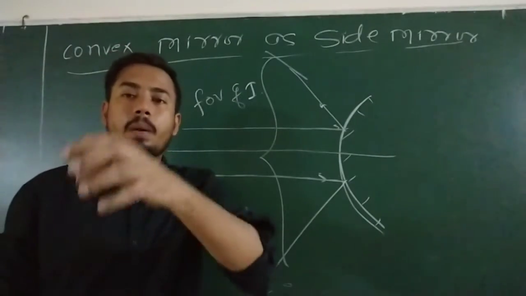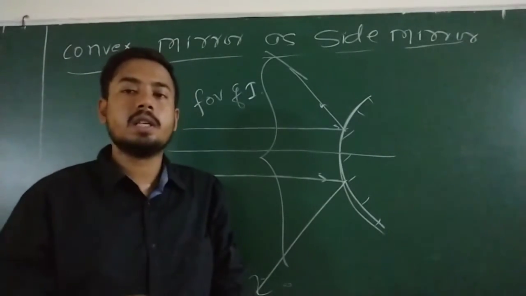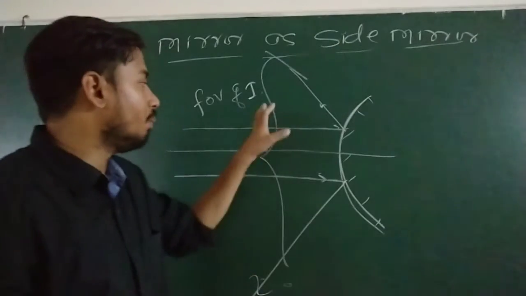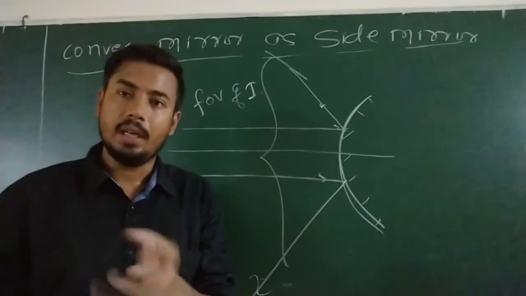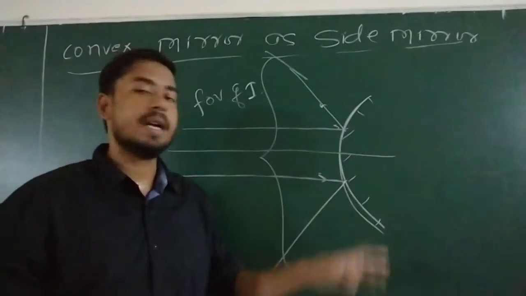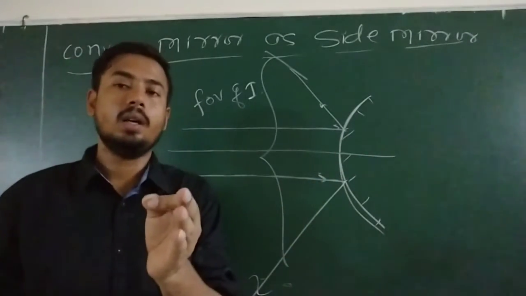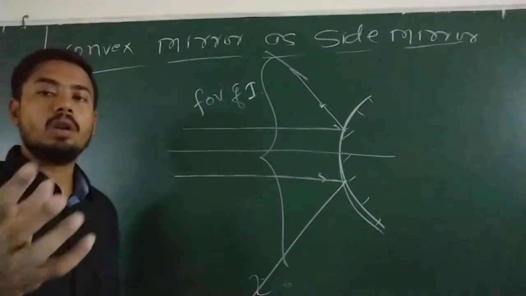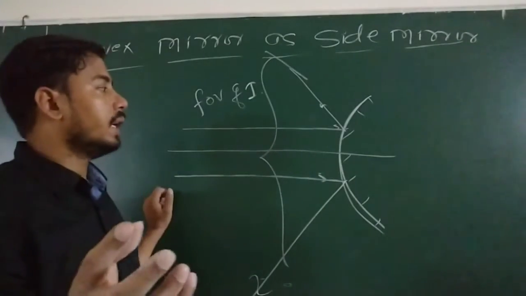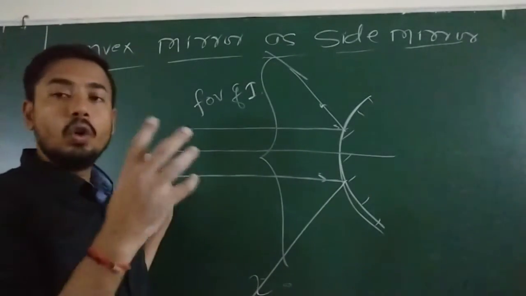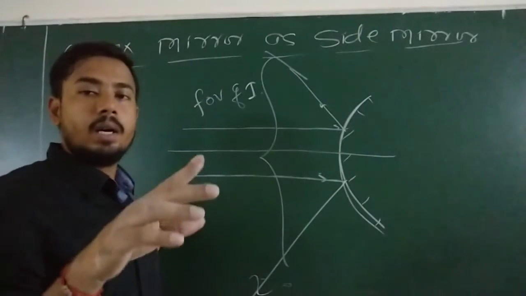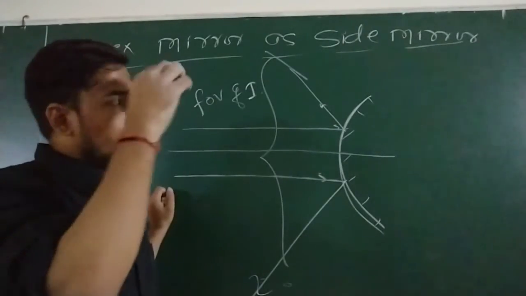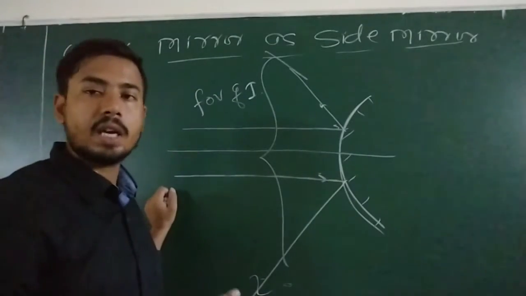Okay, this is the upper part, this is the lower part, this is coming this side, going this side. But here they will simply see the actual view. Image is virtual, but they will see the actual view. Third thing, image is of a smaller size. Because of that, they can form a lot of image. They can cover a very wide area. Because of that, we use a convex mirror as a side mirror.